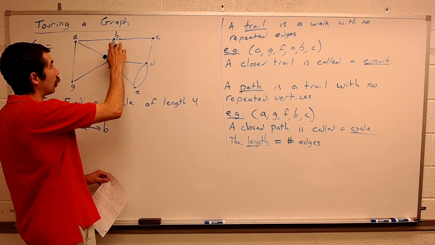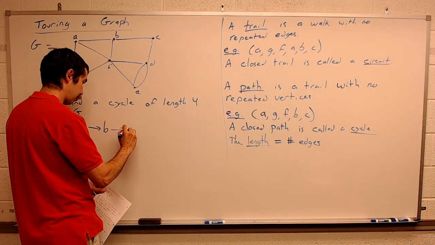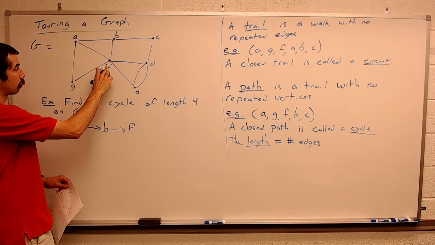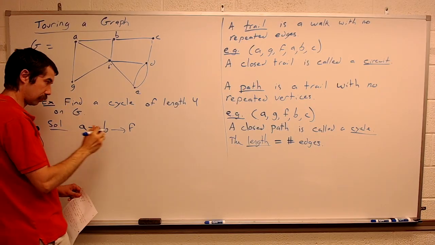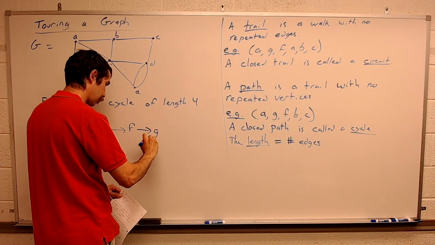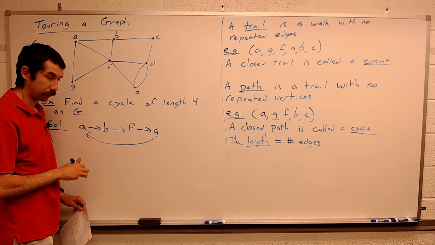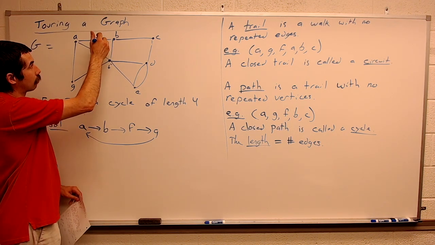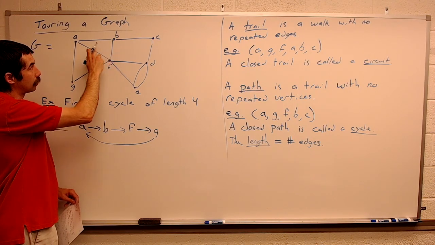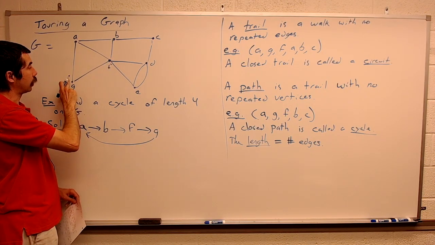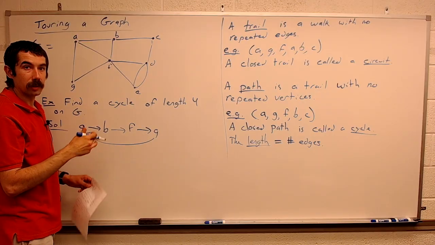Then we go to F, down to G, and then cycle back to A. All right, and so you can see on the graph, A to B, B to F, F to G, G to A. We start and end at the same point.